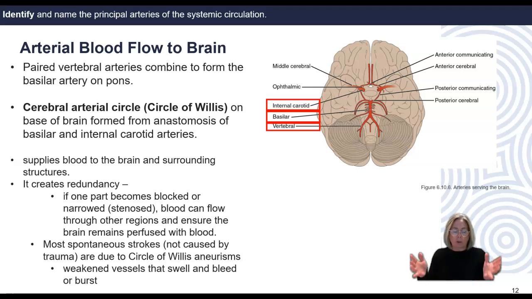Regardless of what the cause is, any one of these will result in a lack of blood flow to a particular part of the brain. And as a result of that, if there isn't medical intervention, the tissue supplied by that artery will eventually die. It becomes necrotic, and of course that can be fatal for many people. And even if they do recover from the stroke, there can be specific neurological results from that stroke.